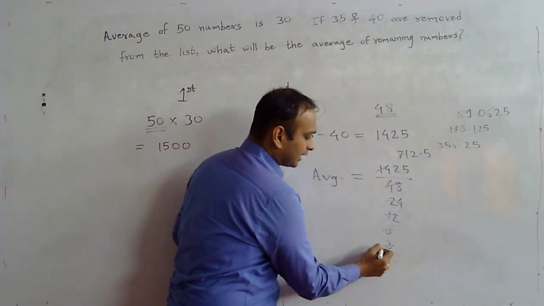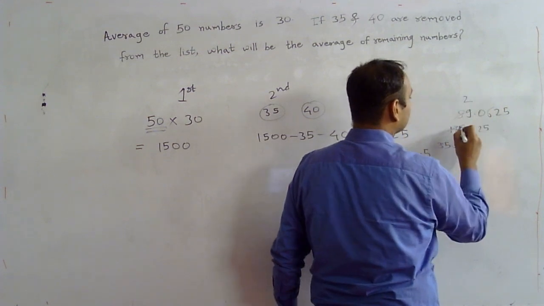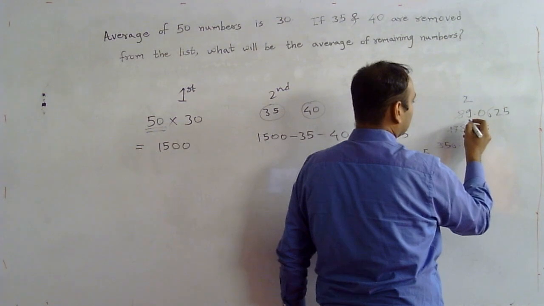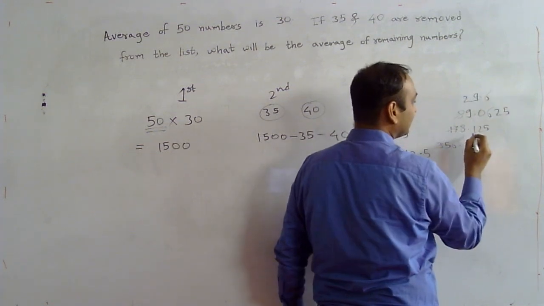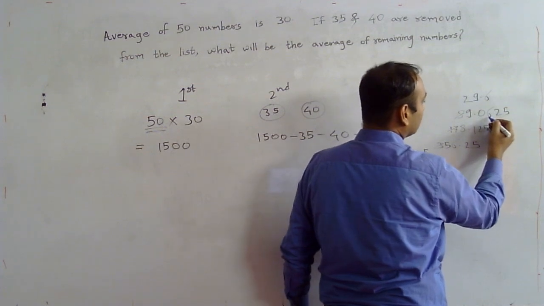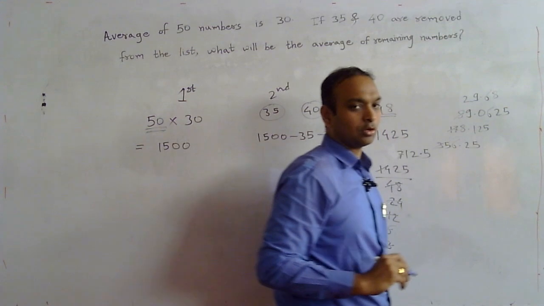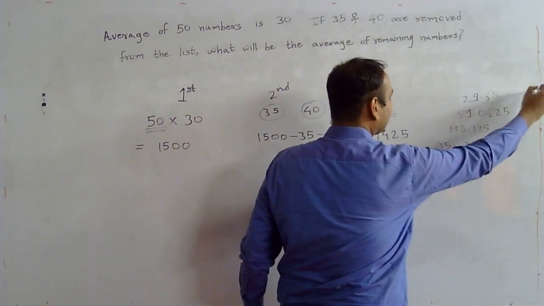And finally we can divide it by 3, and here 3 2s are 6, then 2 is remaining, 3 9s are 27, again 2 is remaining, 3 6s are 18, again 2 is remaining, and 3 8s are 24, and further we can solve. So finally the answer is 29.68 and something.